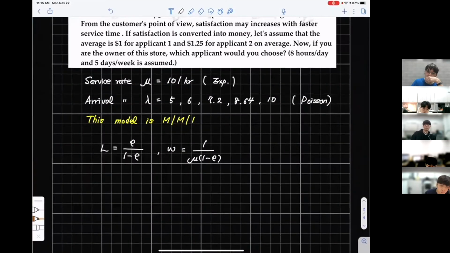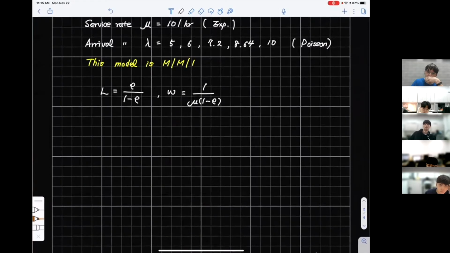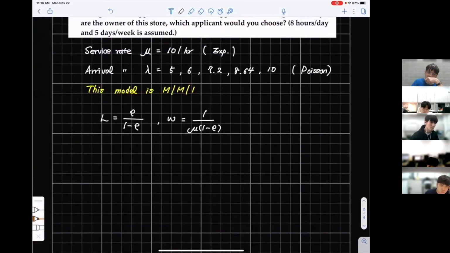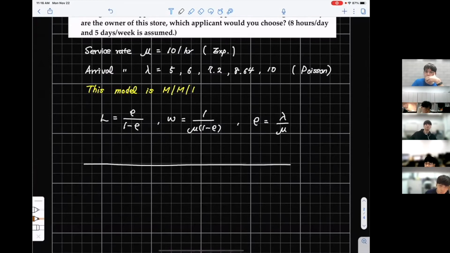So we need to first calculate the utilization rho, which is lambda over mu. So let's draw some lines.